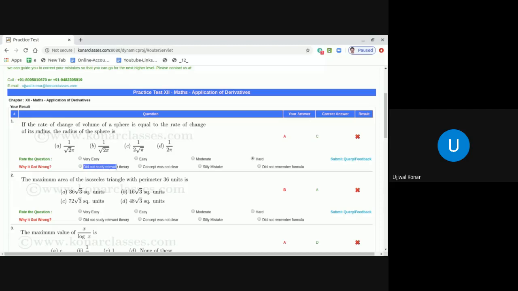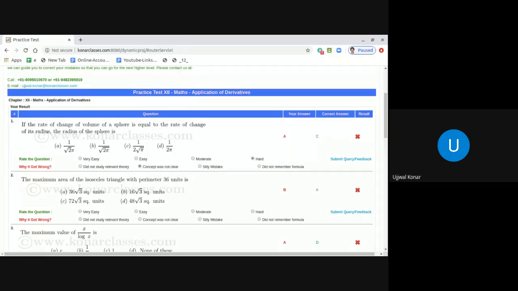We understood that a question goes wrong because of four reasons: either did not study relevant theory, or concept was not clear, or it is a silly mistake, or did not remember formula. Suppose the concept was not clear. Then our software technology remembers that for this particular kind of student, these kinds of questions are where the concept is not clear.